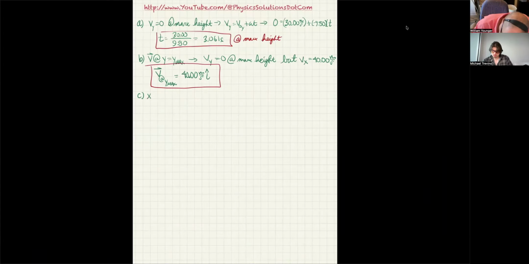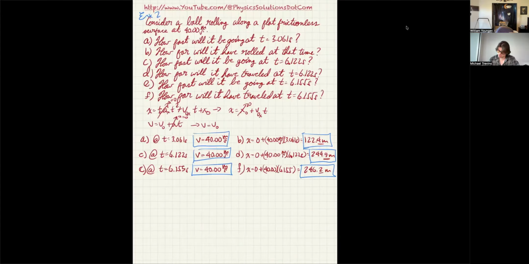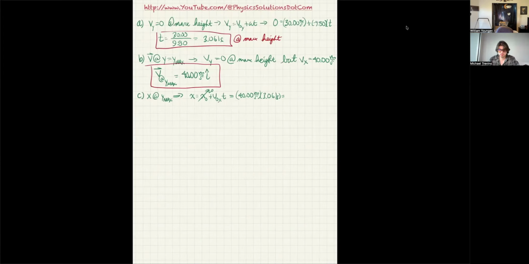So x at y max is given as follows. X is equal to x0 plus v0x times t, and x0 of course is equal to 0, so I just get 40.00 meters per second times 3.061 seconds, which equals 122.4 meters.